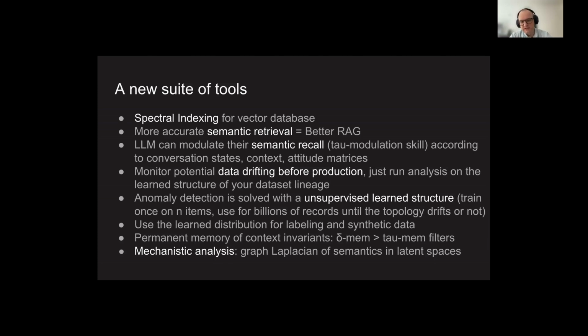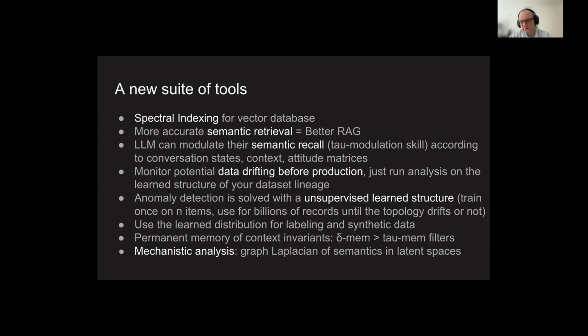This has been tested and proved very effective in monitoring data drifting in your dataset before pushing the dataset to production. It has been tested very effective on anomaly detection, where it's much more convenient to spot out-of-distribution data points using spectral information.